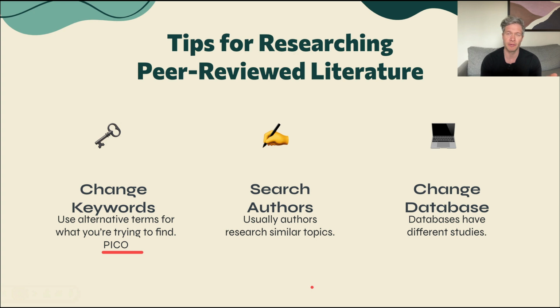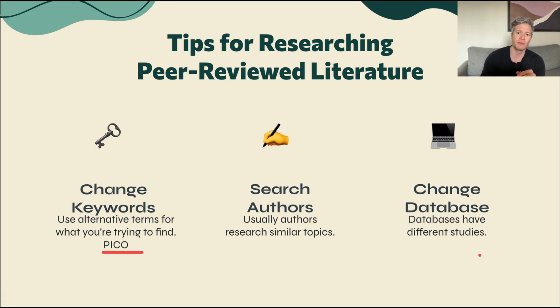Typically they'll have a whole bunch of research in that area. And so you can simply, again, change your keywords in your searches and look for Dr. Smith and all the research that they happen to do in a particular field. So that would be your author searches.